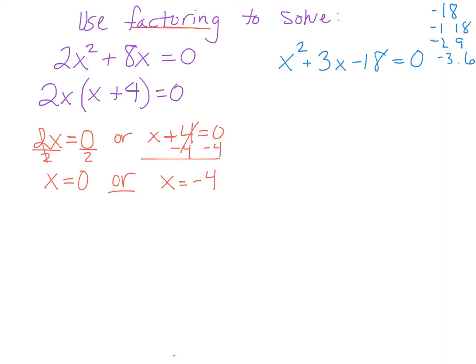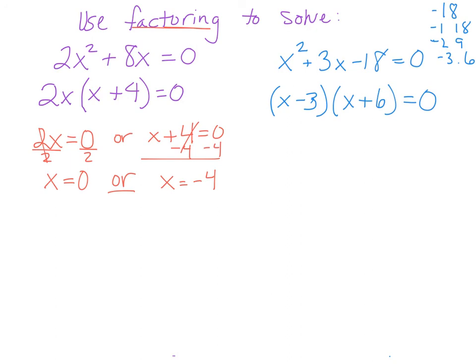Hey, that's it. So we've got -3 and 6. So that means this factors into (x minus 3)(x plus 6) equals 0. We're keeping that equals 0.